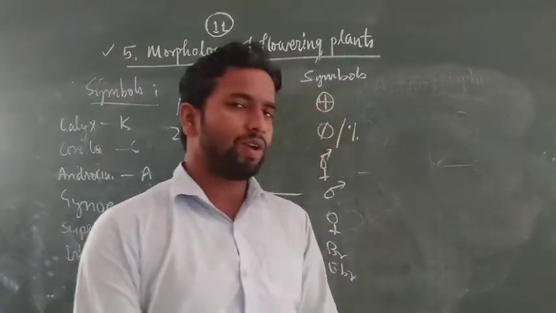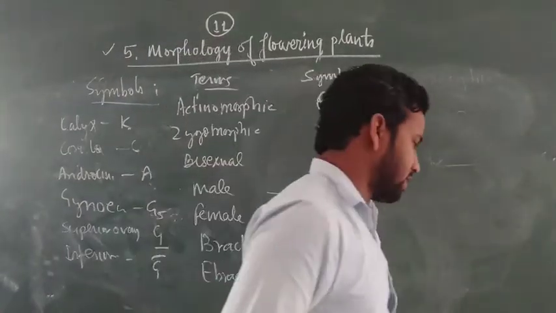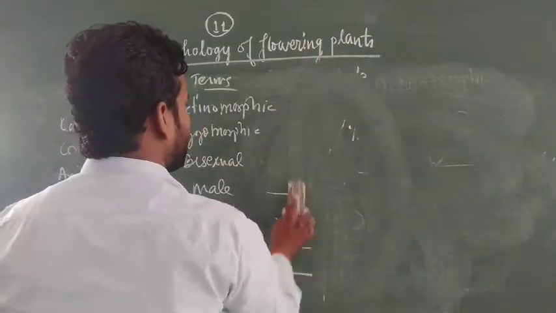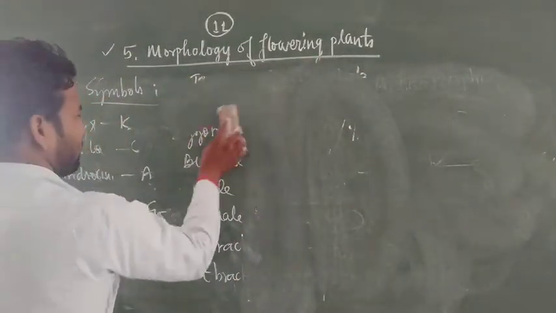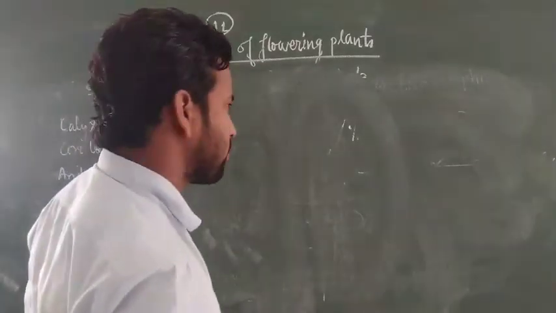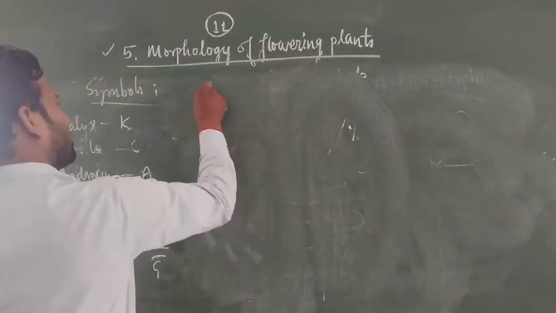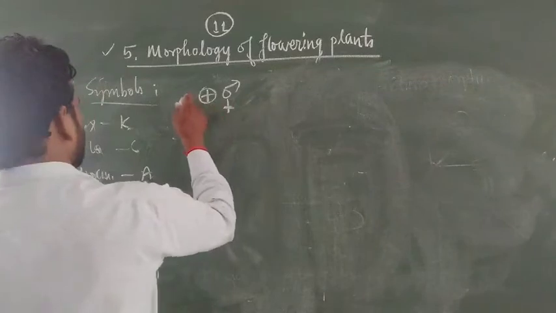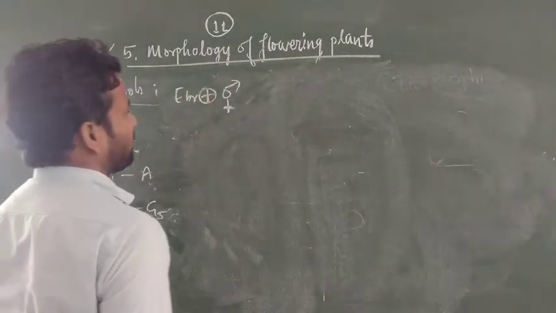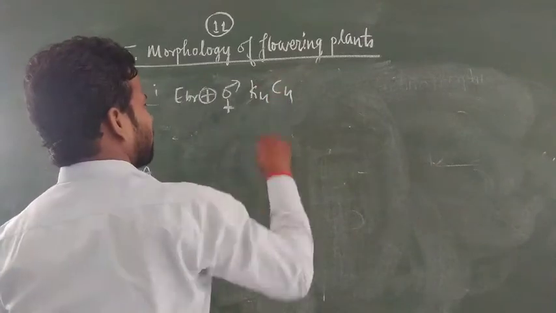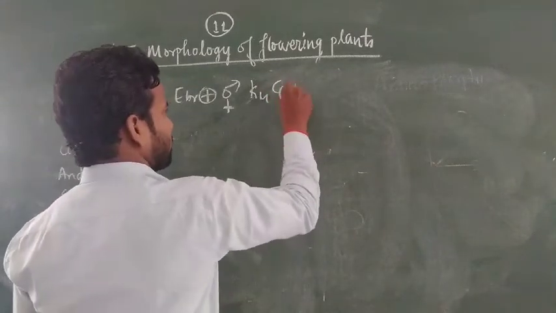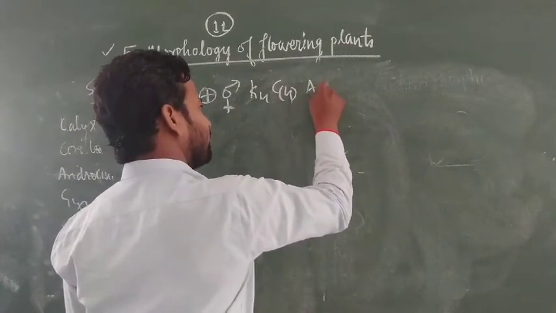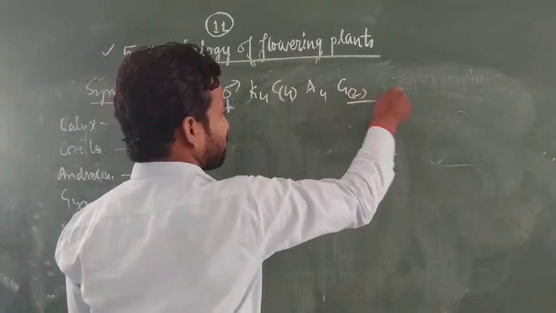And if you prepare a floral formula, you can prepare the floral diagram also. The floral diagram is another important topic. Suppose you prepare a floral formula for a flower that is actinomorphic and bisexual, ebracteate, no bracts found, calyx 4, corolla 4, all free, androecium 4, gynoecium 2, fused, superior ovary.